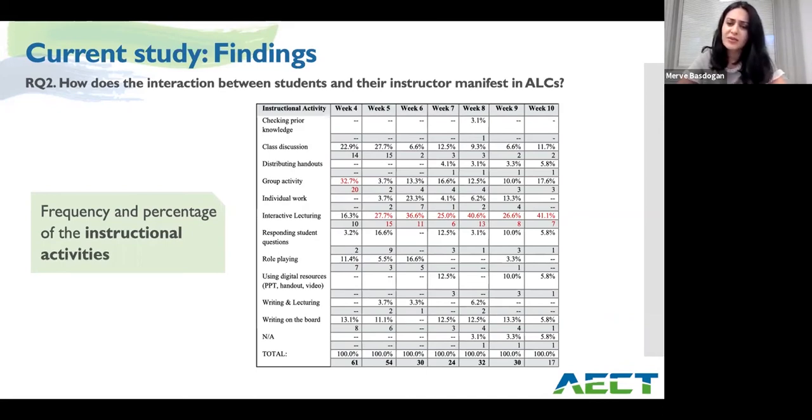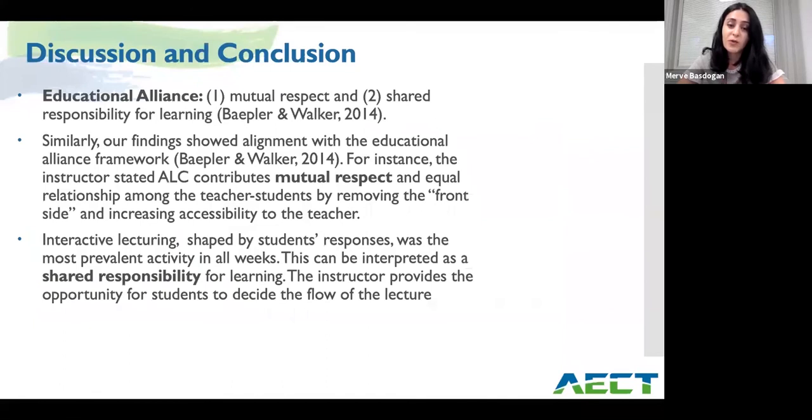This can be interpreted as a shared responsibility for learning. The instructor provides the opportunity for students to decide the flow of the lecture. In the next slide, we can conclude that the physical space in active learning classrooms influences both the social and emotional states of the students and the instructor positively compared to the traditional classroom.